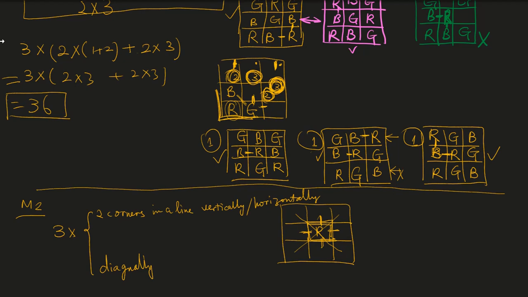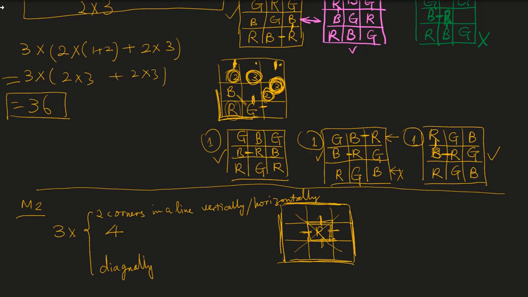We want to choose 2 corners in a line vertically or horizontally. Since this square has 4 sides, we can choose 2 corners on the top, or 2 corners on the right, or 2 corners on the bottom, or on the left. Therefore, we have 4 ways to choose 2 corners satisfying the condition.